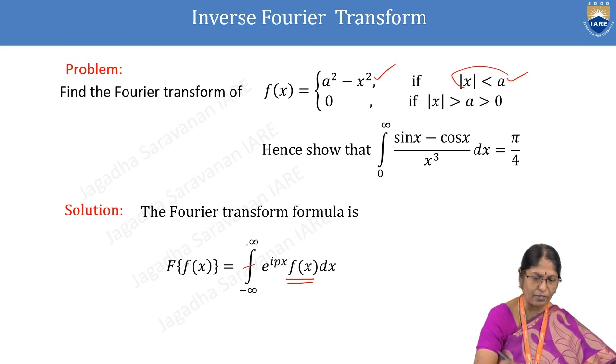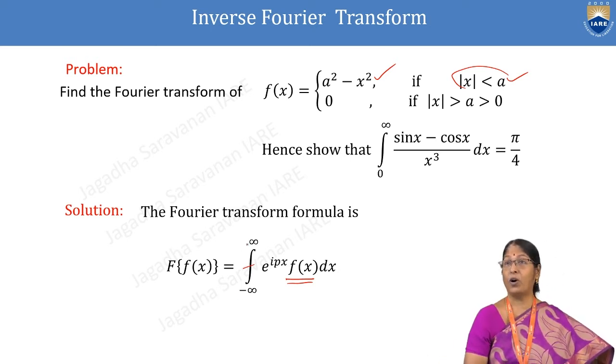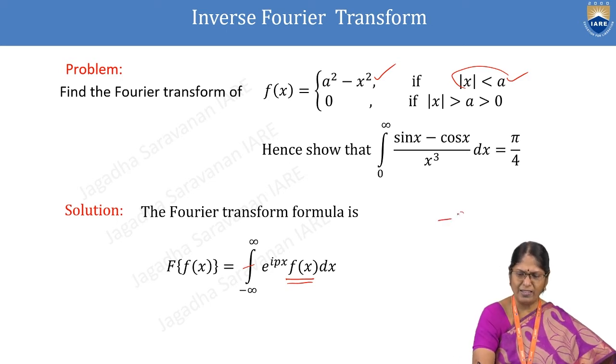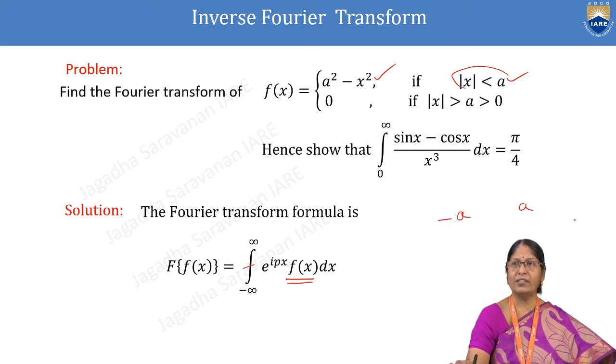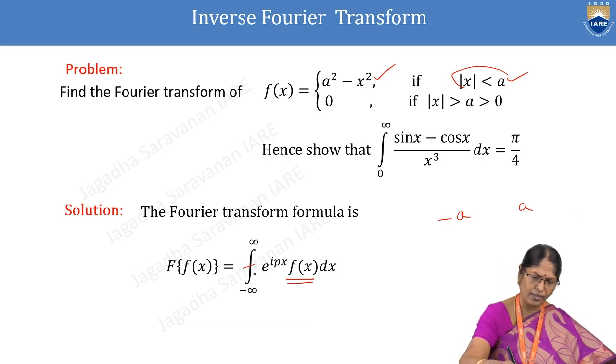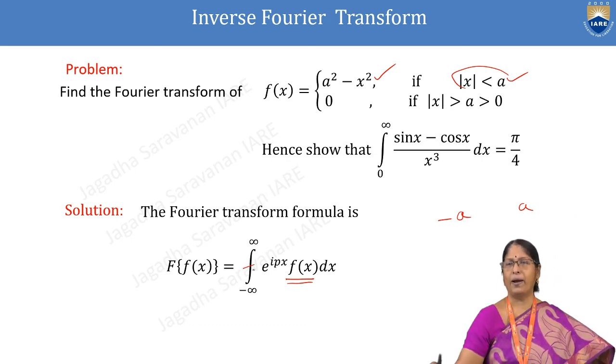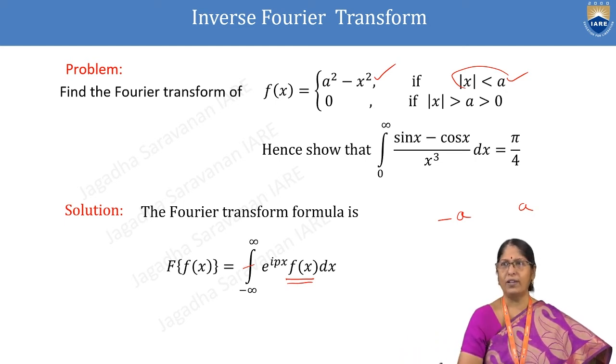But here the limits are minus infinity to infinity. Then what to do? How to move this problem forward towards a solution? Yes, we can insert minus a to a within the interval minus infinity to infinity. That is the only way we can move this problem towards the solution.